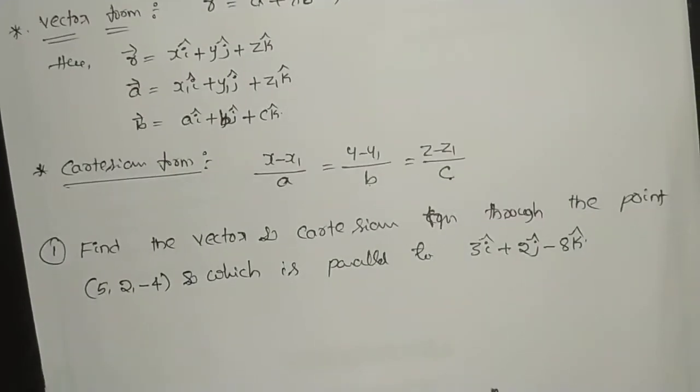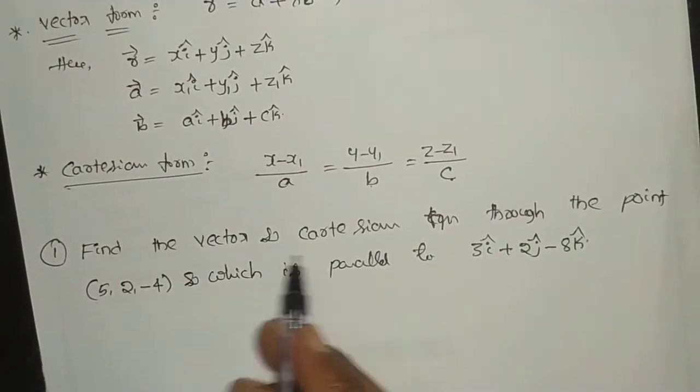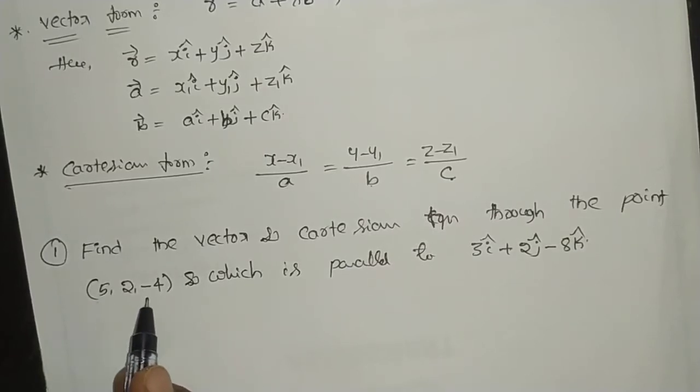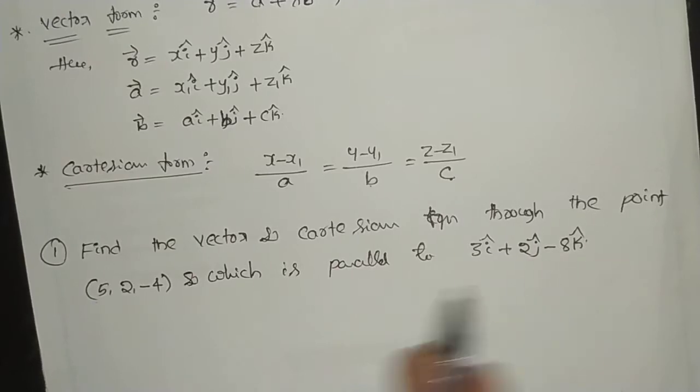Here we have to find the vector and Cartesian equation. One point is given, and the line is parallel to the given vector.